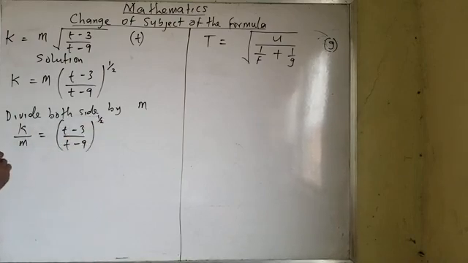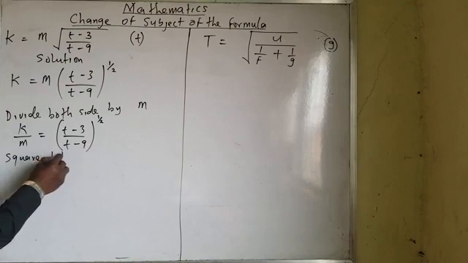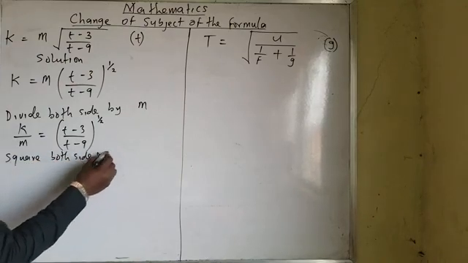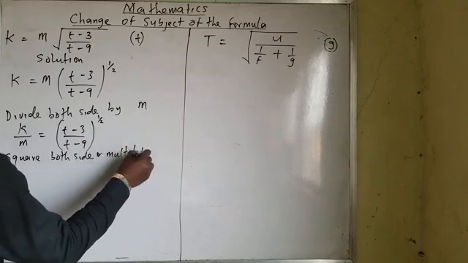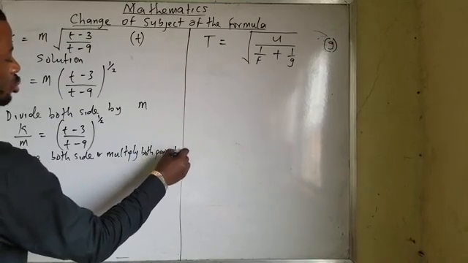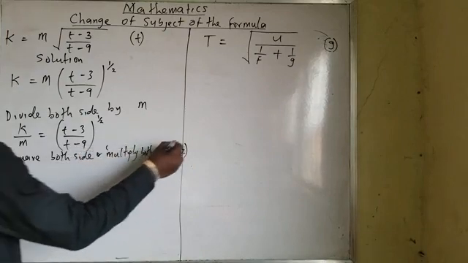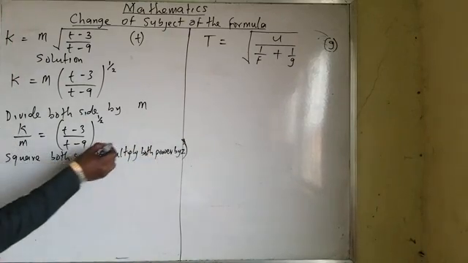Now, I can square both sides, or you can multiply both powers by 2. Please take note of that. Either of the two. Anyone you feel is convenient for you, you can.